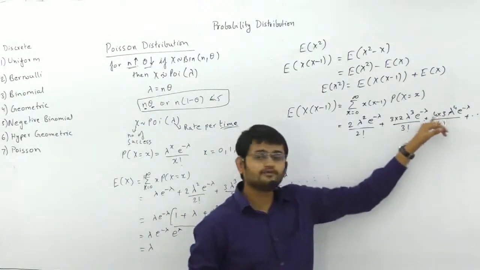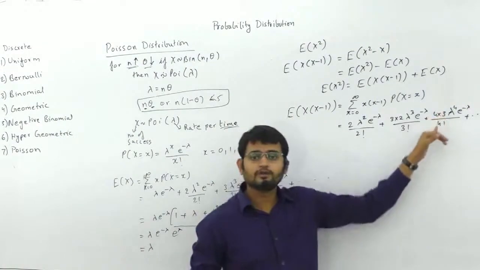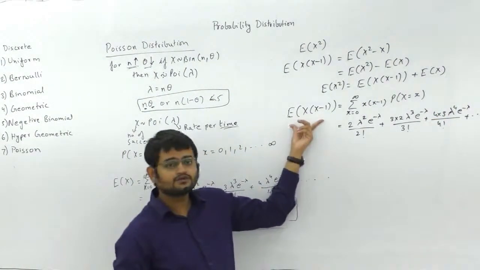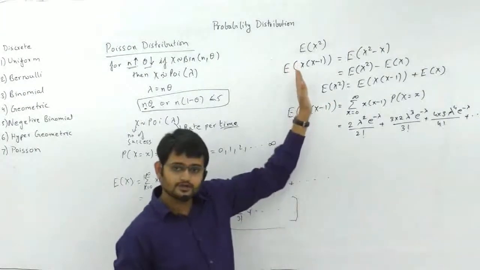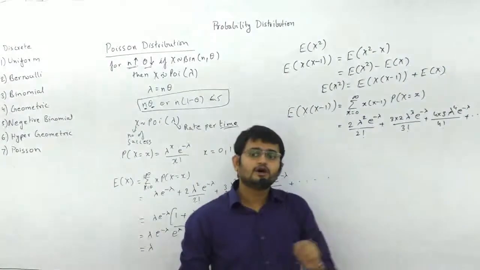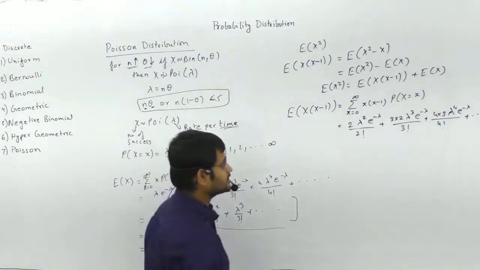Similarly here we would have 4 square. If we remove one 4, we would not be able to remove the other 4, and so on. Therefore, we use this term to find E of x square. It's not impossible to find E of x square directly; we would have to add and subtract a particular term. But this way it becomes much simpler.